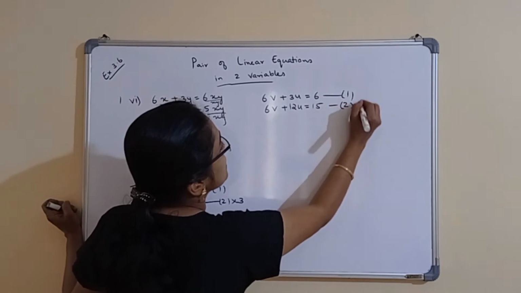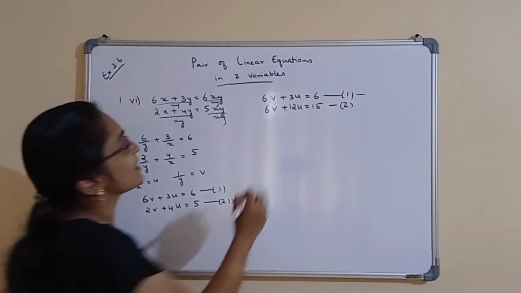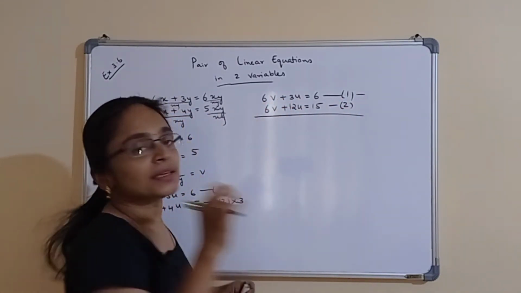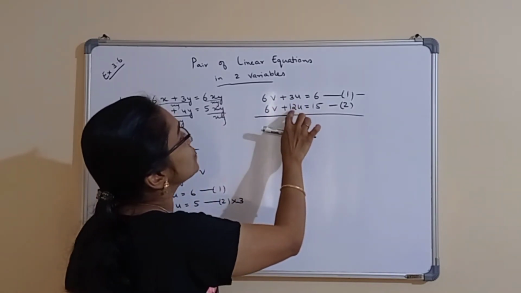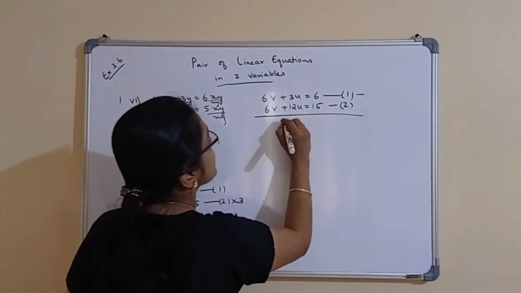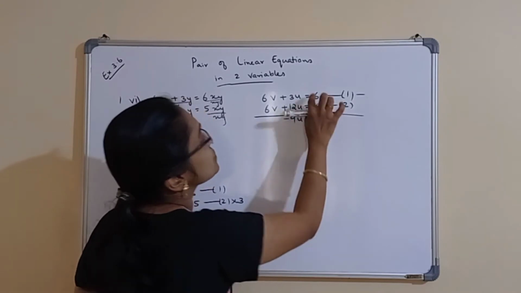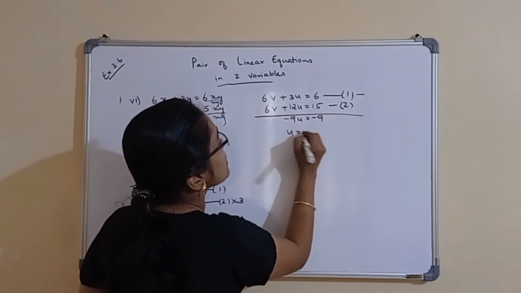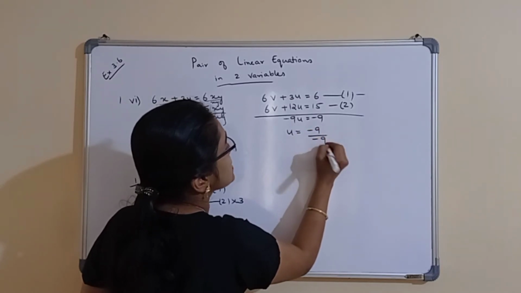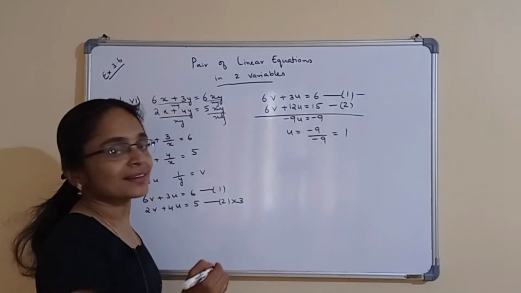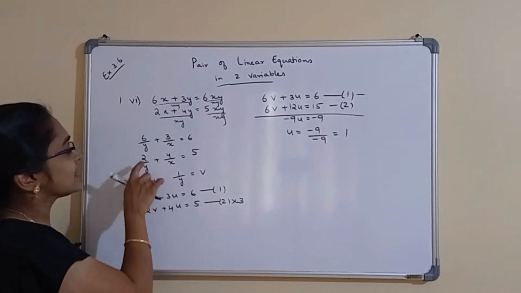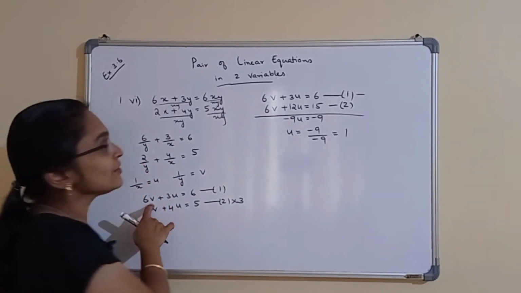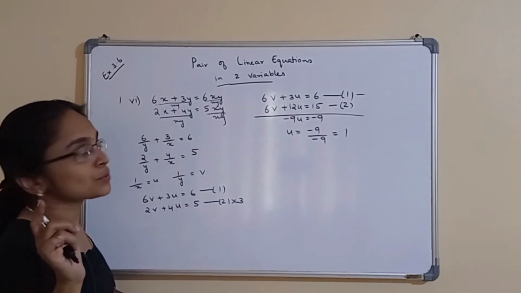Now subtract this equation 2 from equation 1. So we will get 6v minus 6v is 0 and 3u minus 12u is minus 9u is equal to 6 minus 15, which is minus 9. So u is equal to minus 9 by minus 9, which is equal to 1. And substitute that in this equation. We got u is equal to 1.